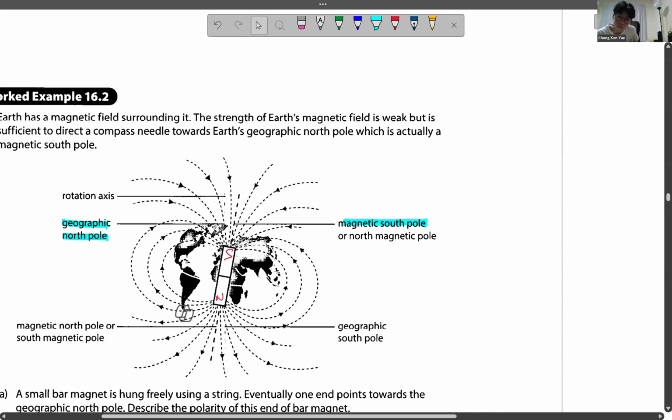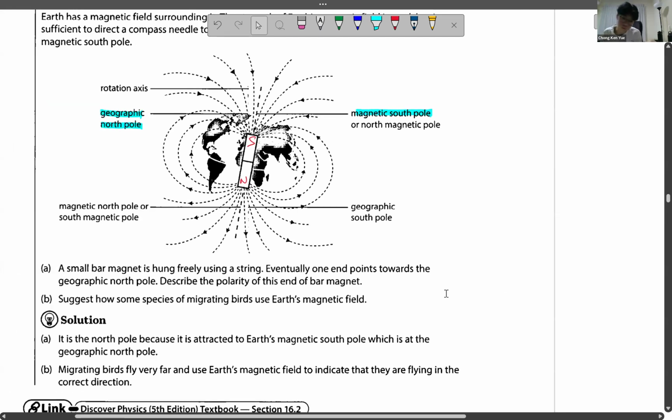We can't say that geographical north on top, China is north of Singapore, am I right? But below actually is the south magnet. So on Earth, our magnetic needle's north tip points to the south of the Earth magnet. Okay.